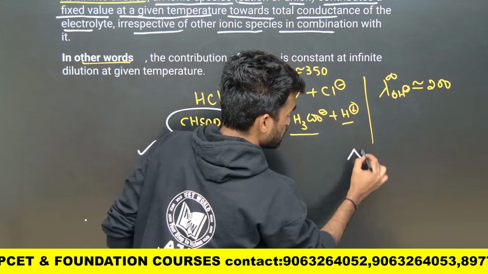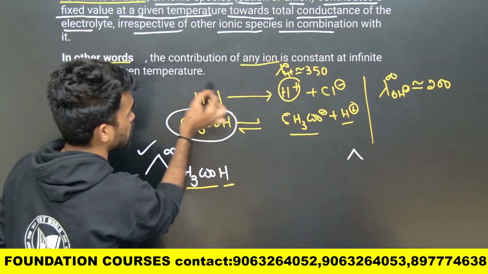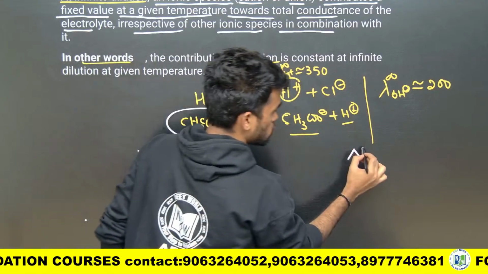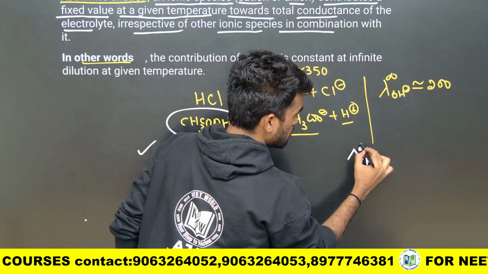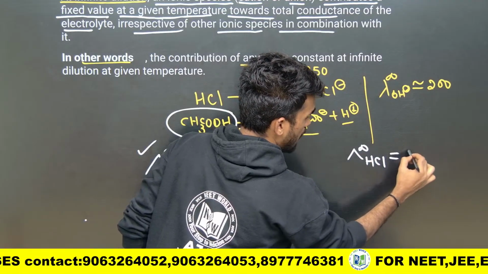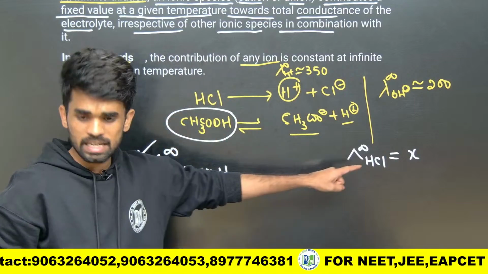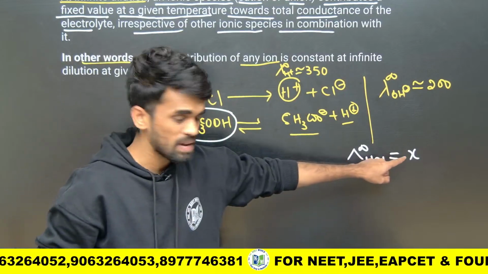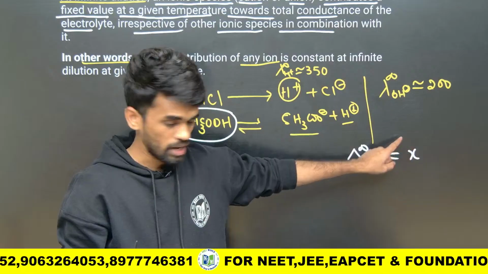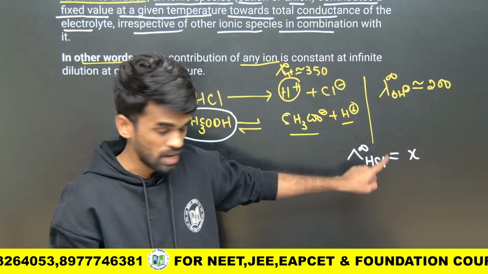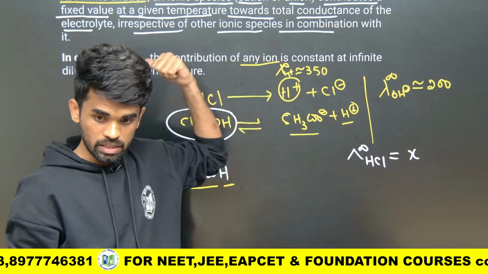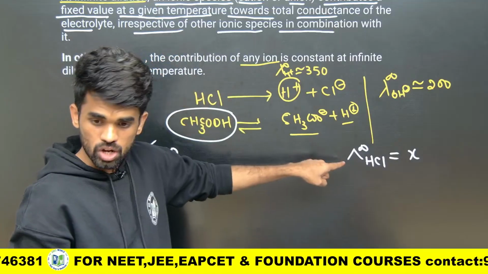For example, I can say H plus ion can come from HCl, which is a strong electrolyte. So I am giving limiting molar conductivity of HCl as X. Why? Because HCl is a strong electrolyte, so it will have a limiting molar conductivity. We can get the value of this by extrapolating the curve. Yes or no? Because it is a strong electrolyte.